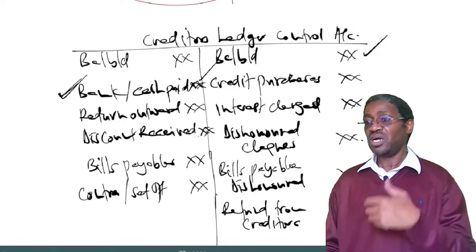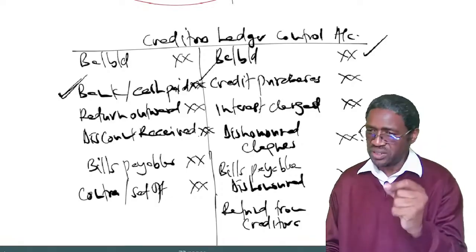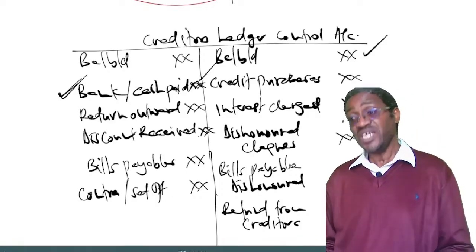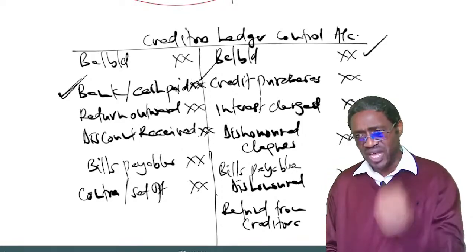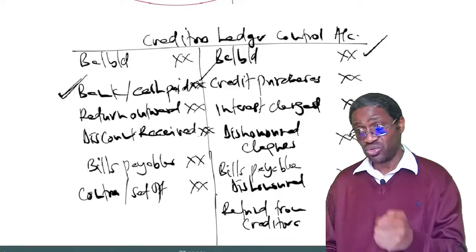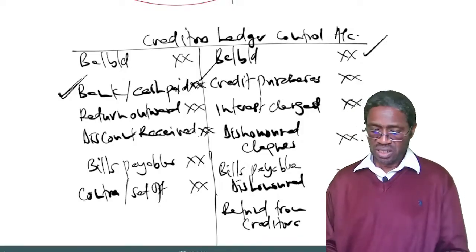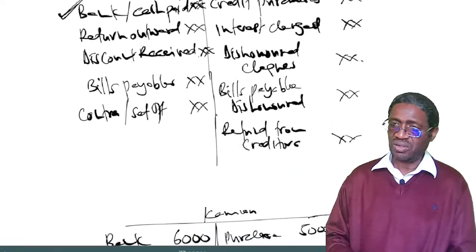Yes, and this occurs when you overpaid your creditors, meaning now you are demanding from them. They are no longer a liability to you, but an asset to you. It's like a debtor. That's why you bring down. Good. Let's move on.